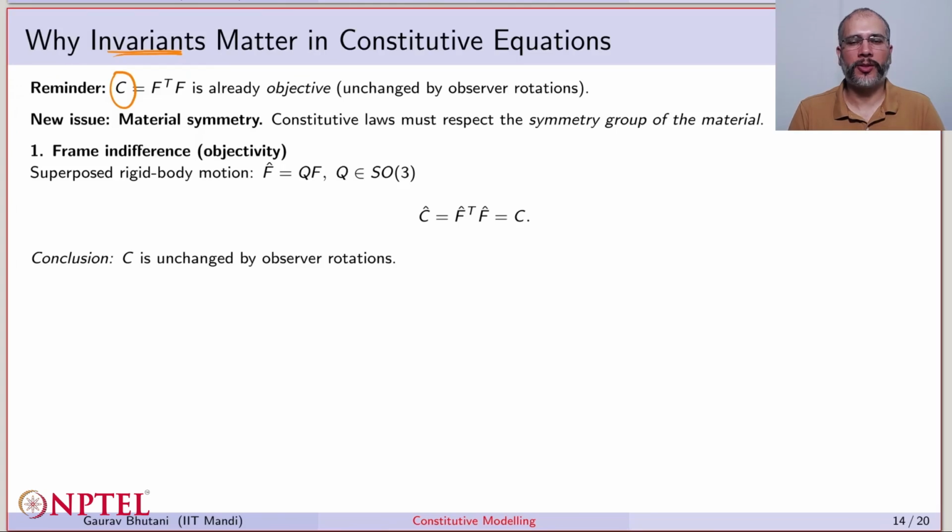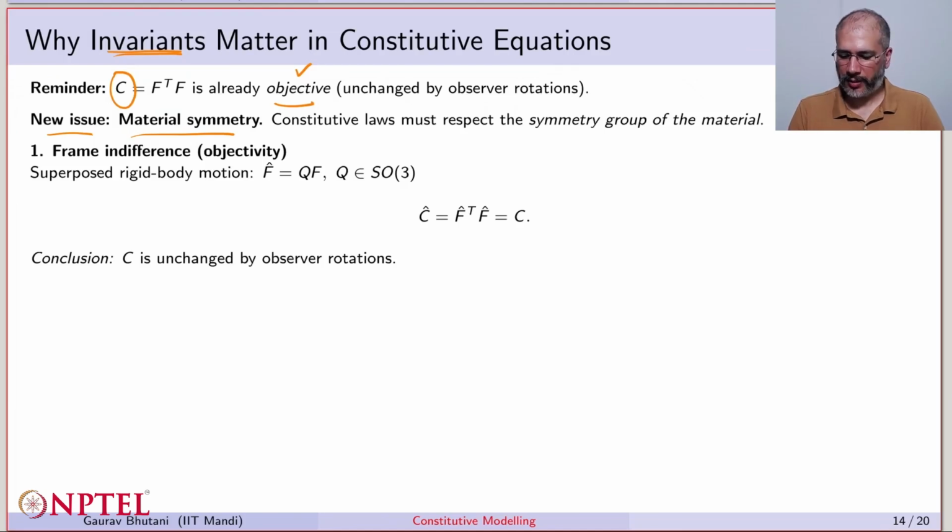As we just saw, C is objective, so it passes the objectivity test, that is, it does not depend on the rotation of the observer. So we can use this as a cause for developing a constitutive model for finite deformations. But the new issue here is the material symmetry we just talked about. So let us see how we incorporate the idea of material symmetry in this picture.